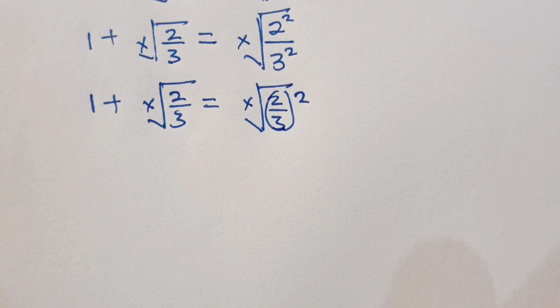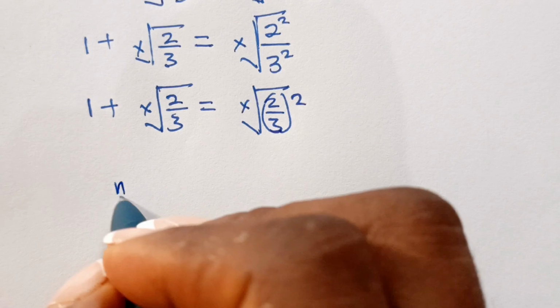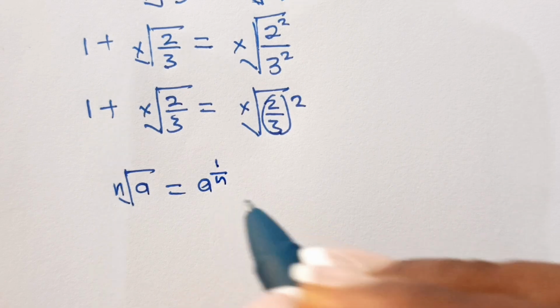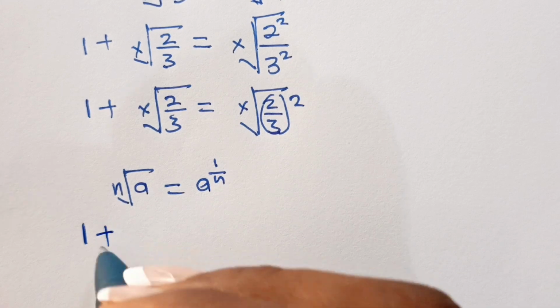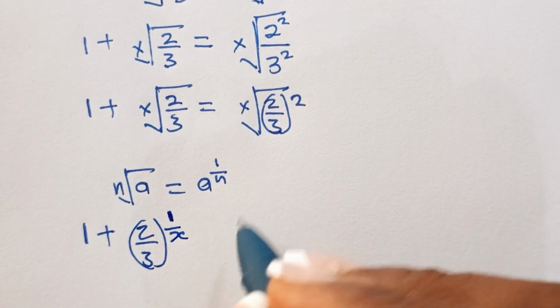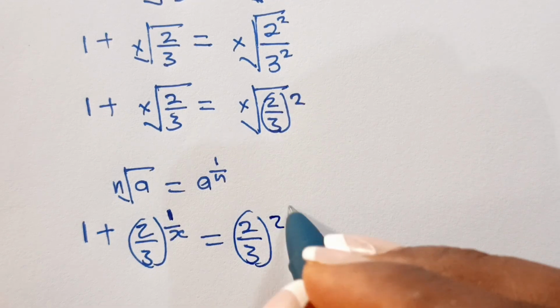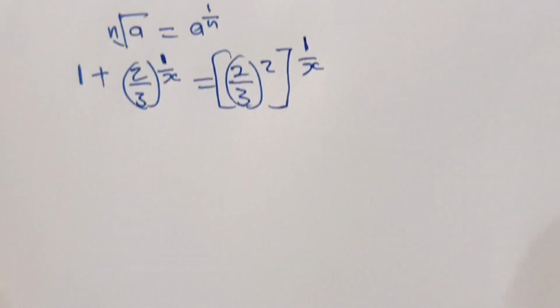Now note that nth root of a is equal to a to the power of 1 over n. So that means we can write this as 1 plus 2 over 3 to the power of 1 over x is equal to 2 over 3 squared to the power of 1 over x as well.